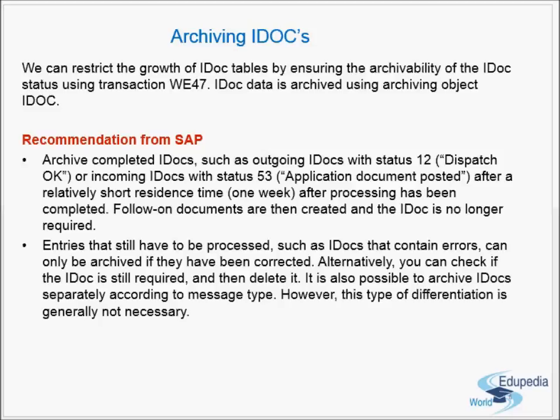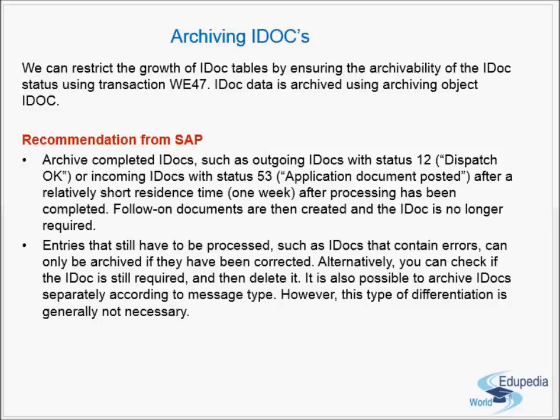Now, we have spoken about the successfully outgoing and successfully incoming ones, 12 and 53. We have another set of IDOCs in the system which are in error status or intermediate status. The intermediate ones will eventually be processed. Coming to the error ones, you will need to correct them to move them into status 12 or 53, or if you create a new IDOC for the error one, just go and delete the error one.